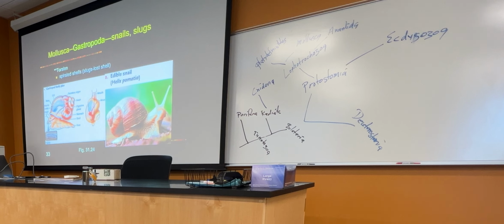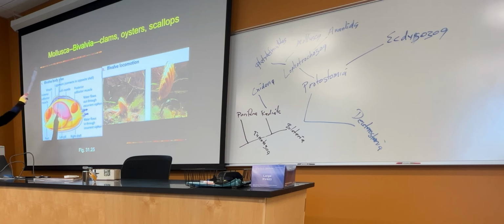Slugs have lost the shell, but they still have the torsion. Even though it looks like, as you've seen out here in the Santa Cruz Mountains, banana slugs, yellow big things, still the internal organs are twisted around. They still have that torsion.